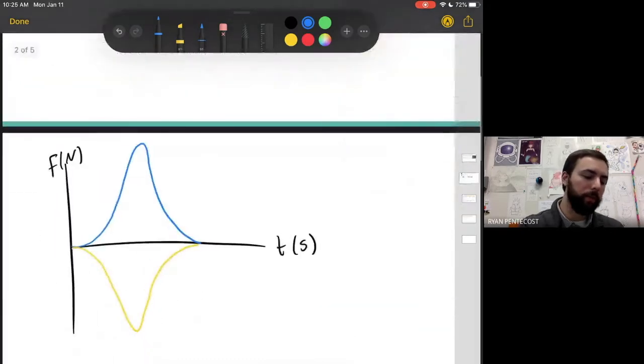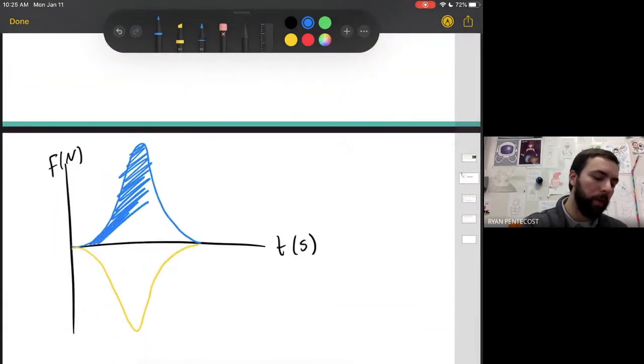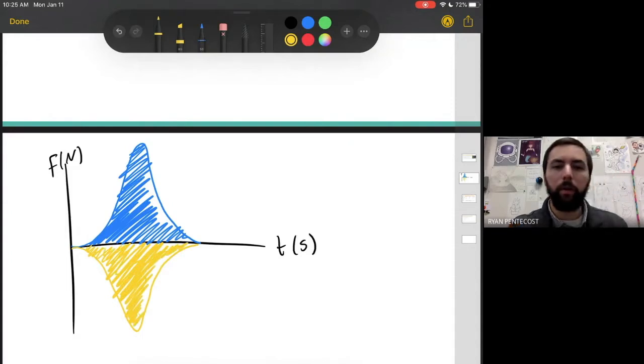Equal but opposite. We've got a Newton's third law pair here in collisions. So you've got the blue car here, and your yellow car here. They're going to have equal but opposite interaction in a collision. That's how collisions work.